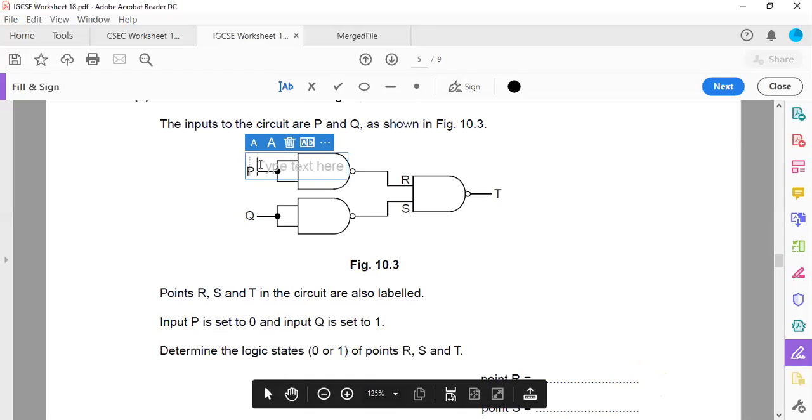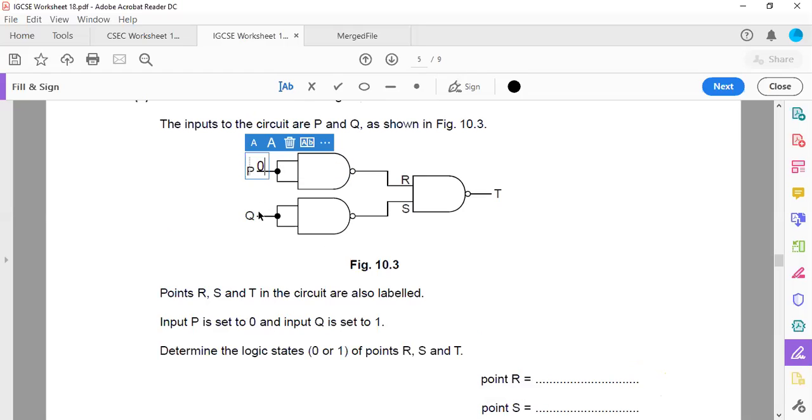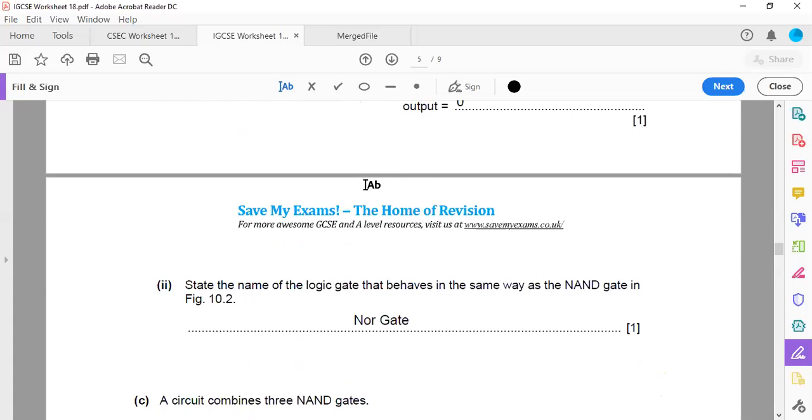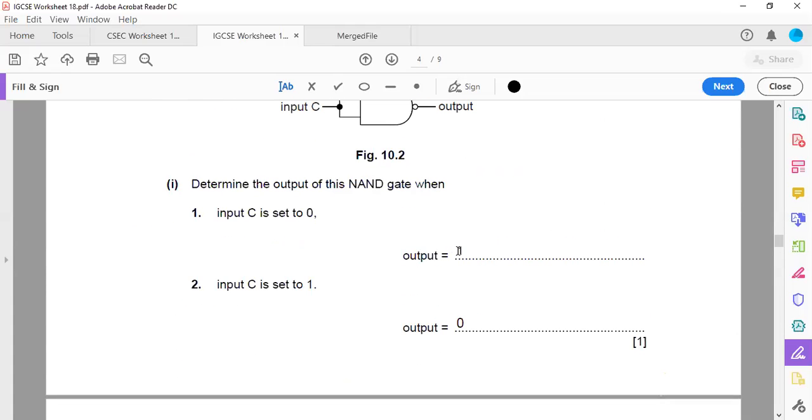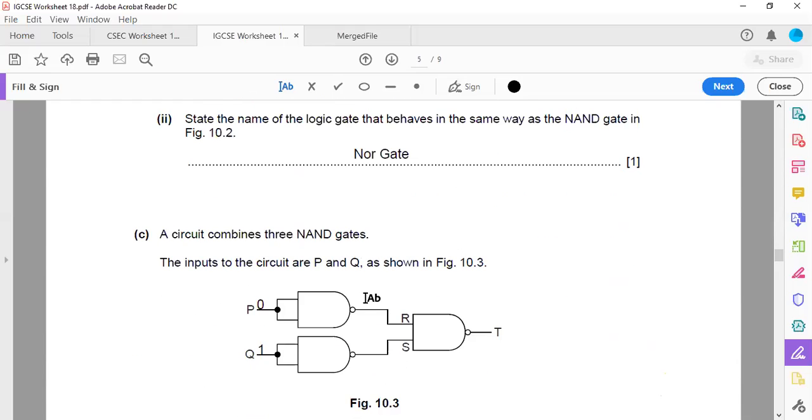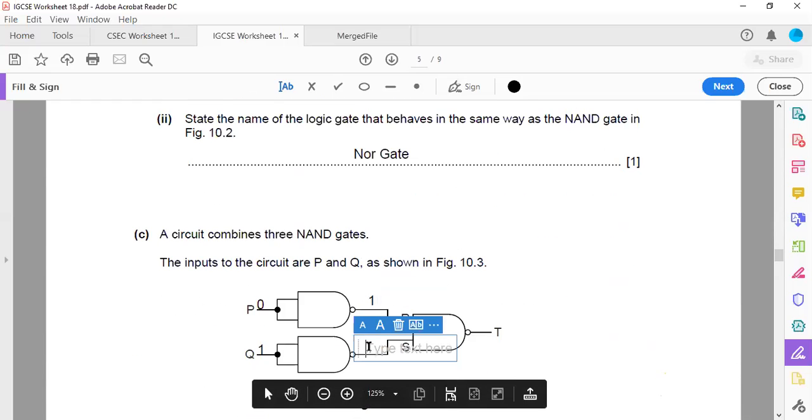So here I'm just going to write P is 0 and here is 1. When you come with a 0 and a 0 at the NAND gate, when two zeros come in, you're going to get an output of 1. So we trigger it as 1 being here. And here two ones come in, you're going to get a 0.